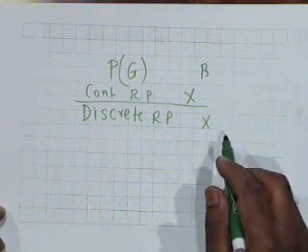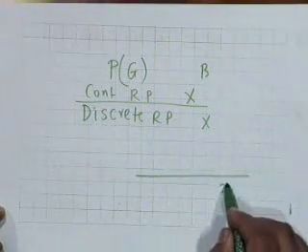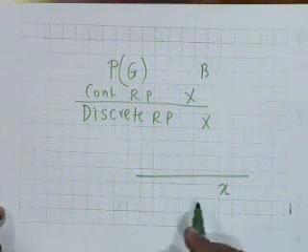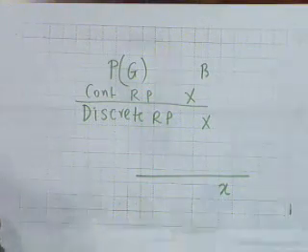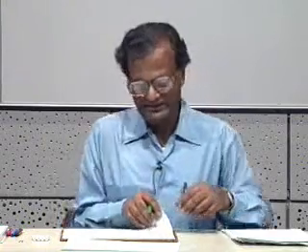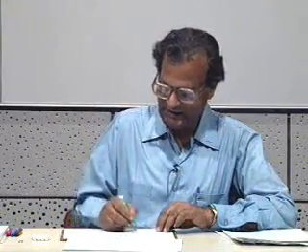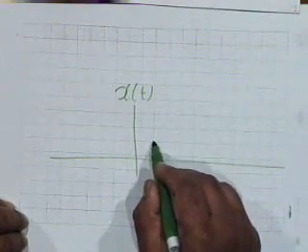It does not mean that the variable small x is... well, let me take an example. Suppose I take a time function which, let us say, varies like this.